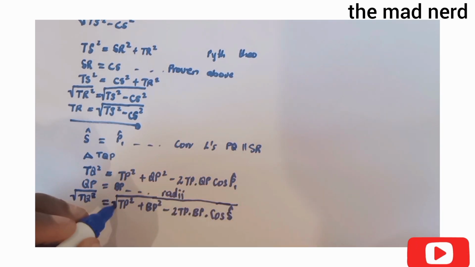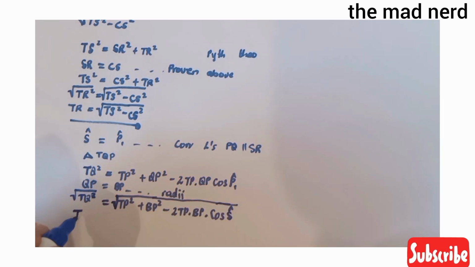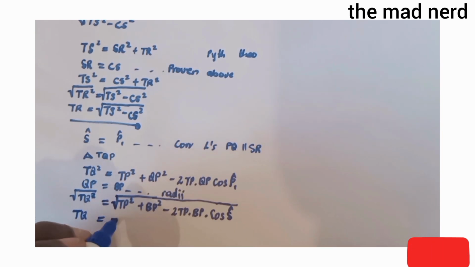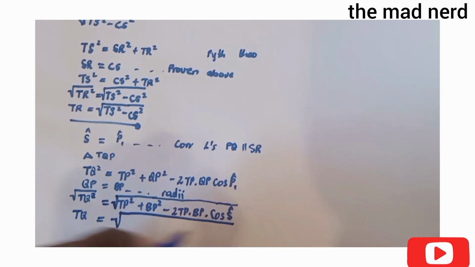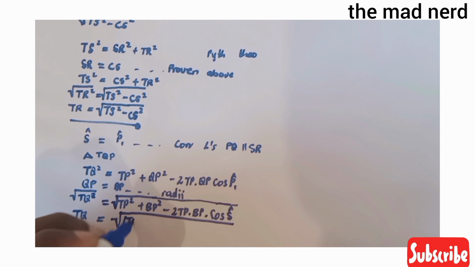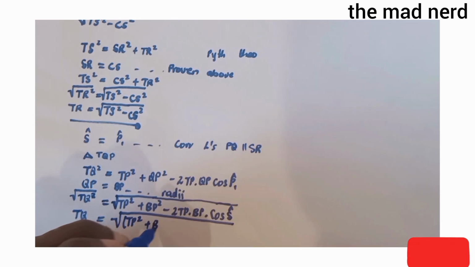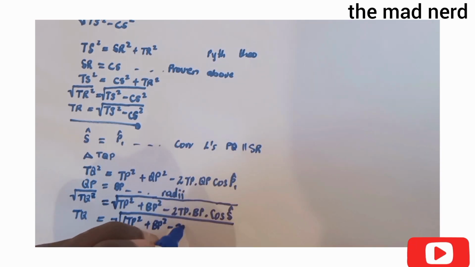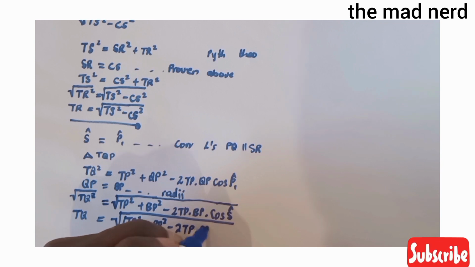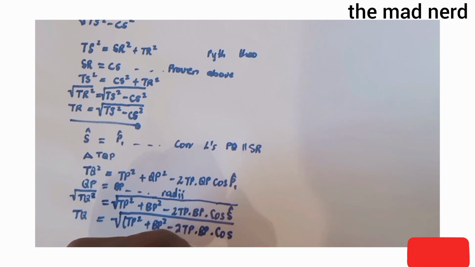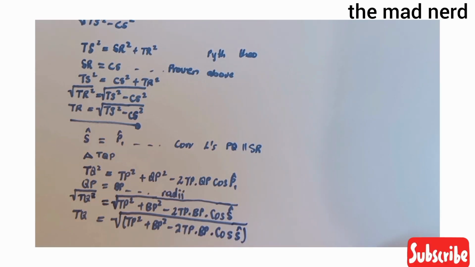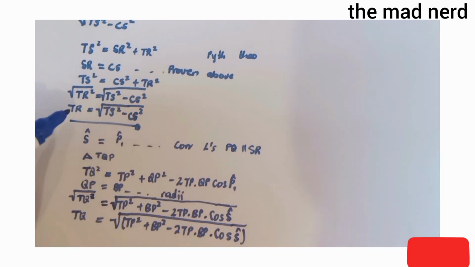And then what you end up having is TQ equals the root of TP squared plus BP squared minus 2 TP times BP times cos angle S, and then we close the brackets. And then now we did find TR and TQ.